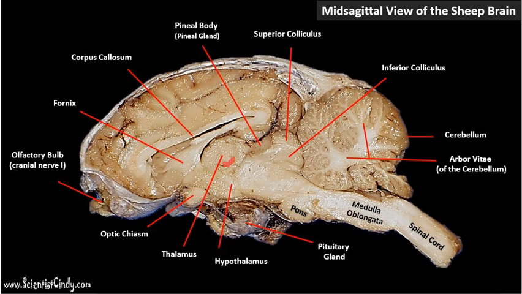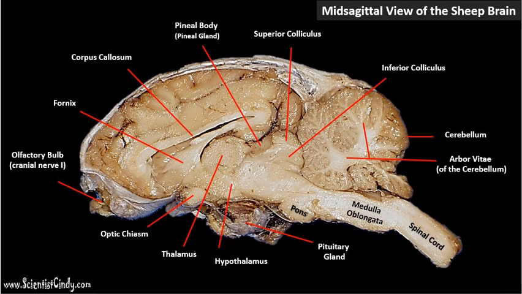On top of the hypothalamus, you have the thalamus right there. And then here's the cortex, of course. This white line here, that's the corpus callosum.